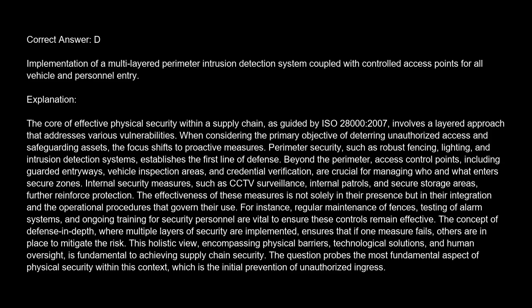When considering the primary objective of deterring unauthorized access and safeguarding assets, the focus shifts to proactive measures. Perimeter security, such as robust fencing, lighting, and intrusion detection systems, establishes the first line of defense. Beyond the perimeter, access control points, including guarded entryways, vehicle inspection areas, and credential verification, are crucial for managing who and what enters secure zones.